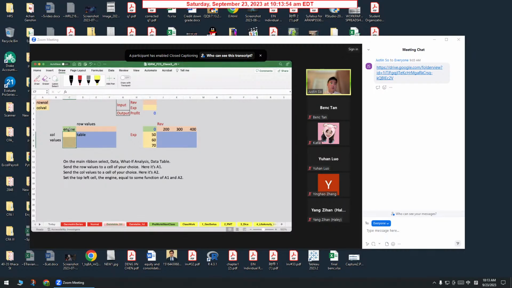Different scenarios. And then you put the calculation engine on the top left corner, and then this table will show you the entire result. So a good example is when you want to estimate profit from revenue and expense. Here I'm giving you this input. There are two inputs, one output.